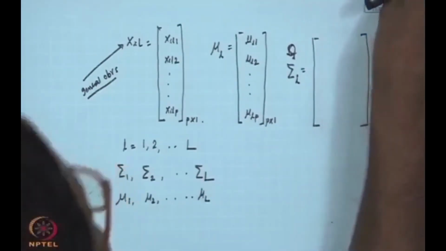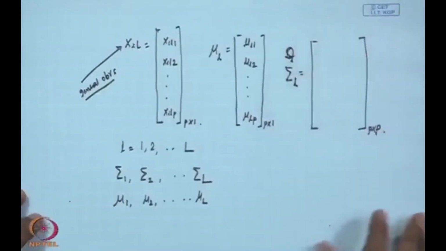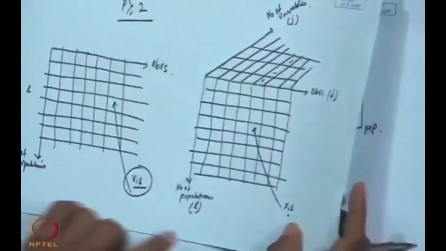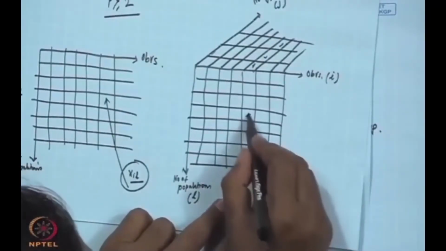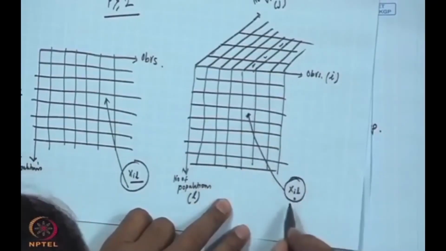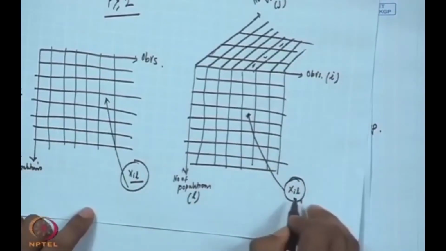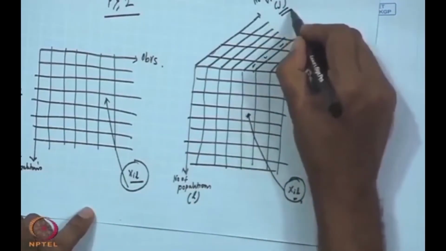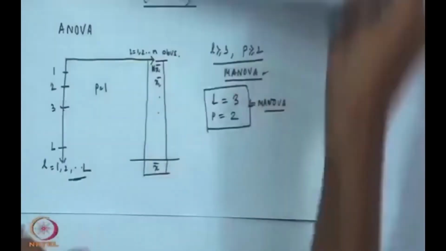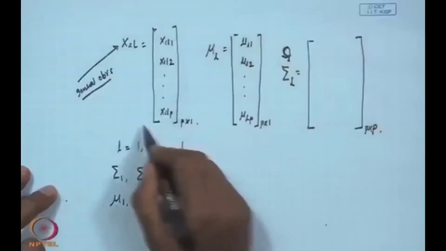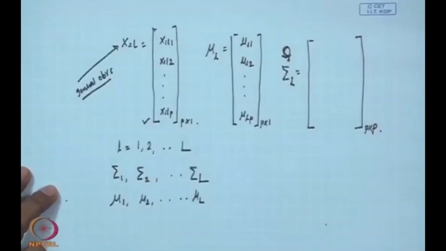For mathematical simplicity, we will be using this term, although this is a vector, basically we will be using this term like this, xil, without bringing the variable part. The variable part is implicit here, because xil is nothing but this one. This is the general observation.